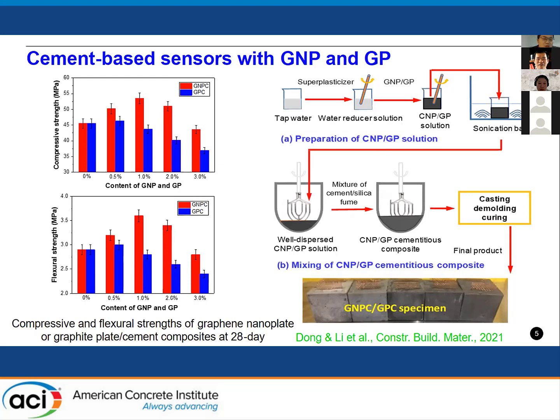Then, as you can see, these are the compressive strengths and fracture strengths at different contents of GNP and GP. At the beginning, with the increase of the content of GNP and GP, both strengths increase, but then decrease when the content arrives at a large amount.